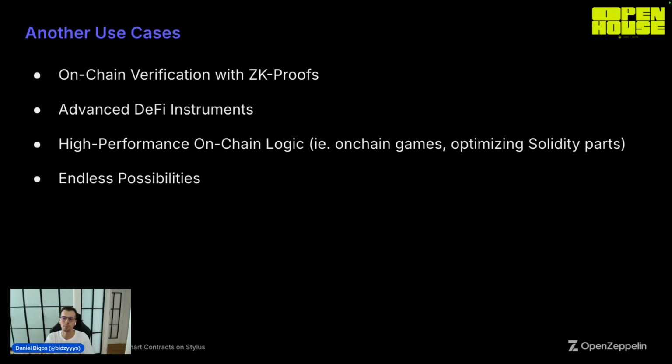Additionally, developers may want to optimize existing solutions on Arbitrum chains by moving the on-chain logic from Solidity to Stylus and calling the Stylus smart contracts from the Solidity ones. Just to summarize, we have endless possibilities for building projects with Stylus. And if you are about to choose between Solidity and Stylus for some great, sophisticated computation, you should always choose Stylus.